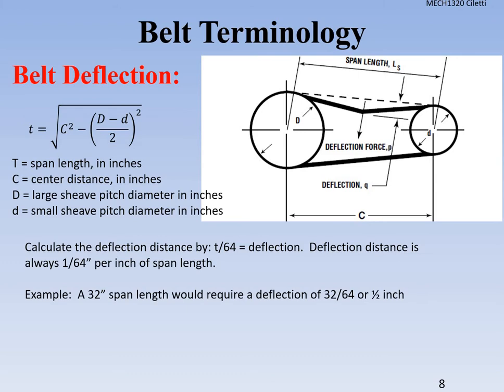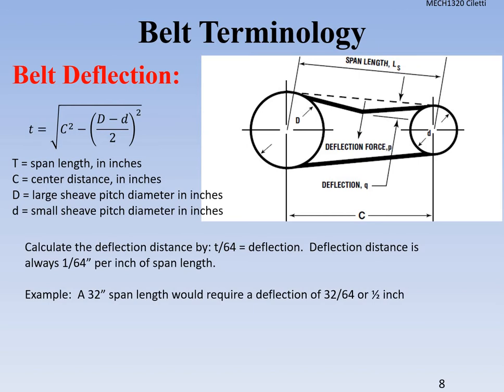So we want to calculate the deflection distance. t over 64, that's deflection, and it's always in 64ths of an inch. So whenever you have a test or quiz, it's always going to be in 64ths when we do this for belt deflection. And deflection, you can see in the diagram here, is how much that belt can move down as it's oscillating and as the sheaves are pulling.